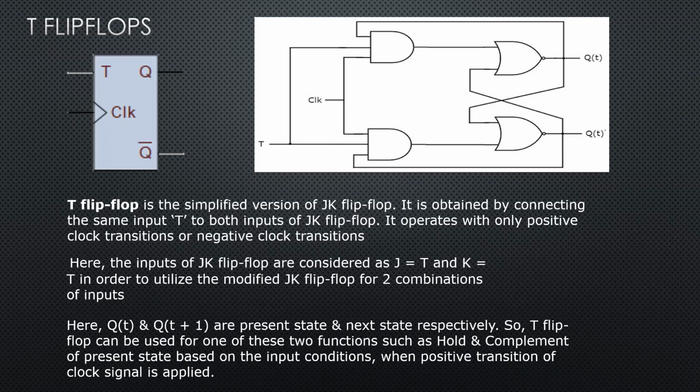In order to utilize the modified JK flip-flops for 2 combinations of inputs, we have Q of T and Q of T plus 1 of present state and next state respectively. So T flip-flop can be used for one of these 2 functions, such as hold and complement of present state based on the input condition when positive transition of clock signal is applied.